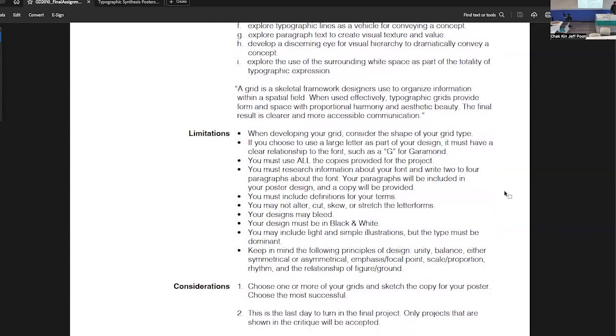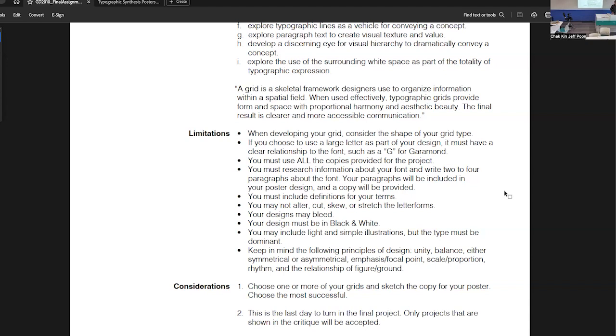Okay, we do have some limitations for this. When developing your grid, consider the shape of your grid type. If you choose to use a large letter as part of your design, it must have a clear relationship to the font, such as a G for Garamond. So it has some kind of reason why you want to do that.